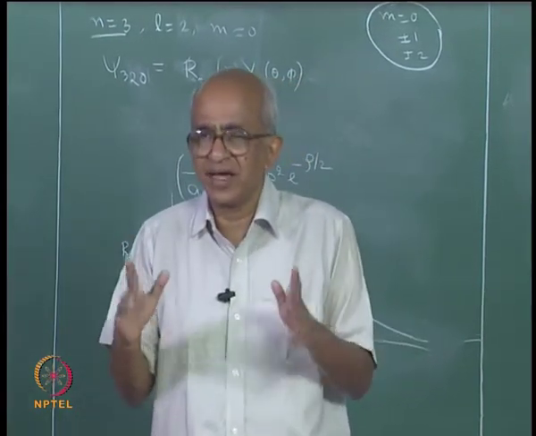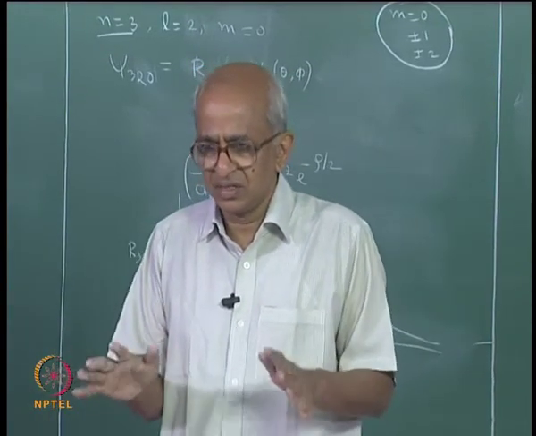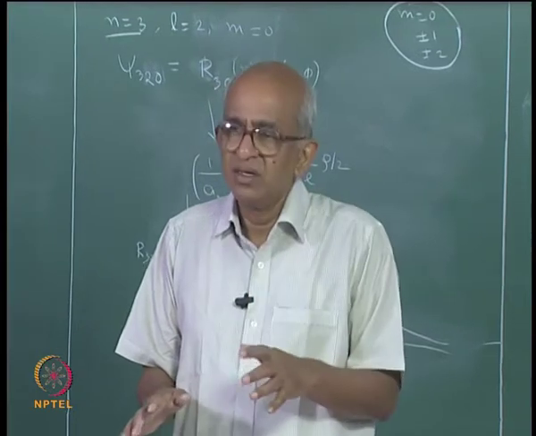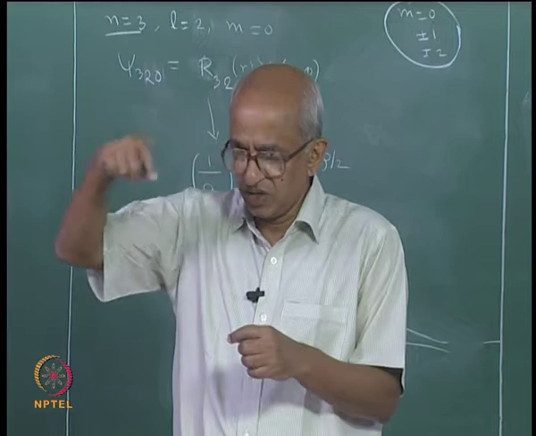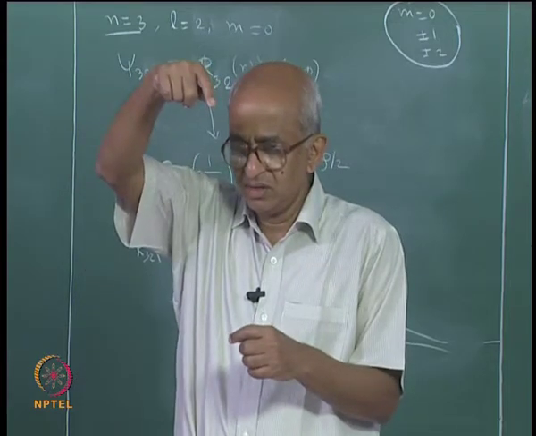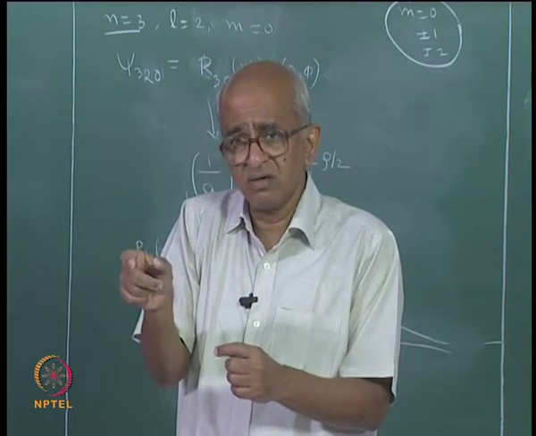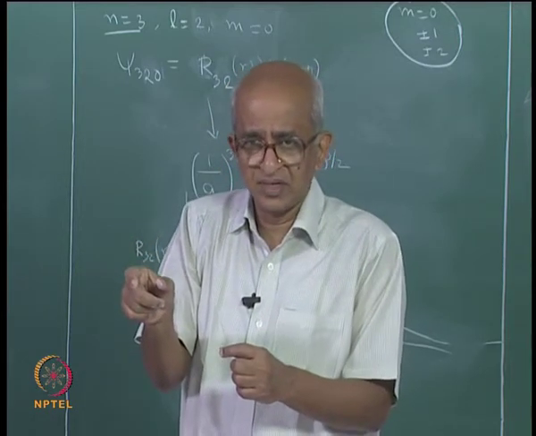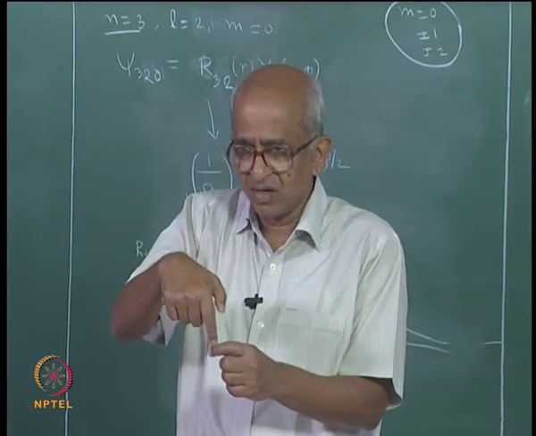Therefore, if I think of the total wave function, the total wave function has two nodal surfaces. They are surfaces, the two nodes. Where are they? One is along the surface of a cone such that the interior angle within the cone is equal to 54.73 degrees, and the vertex of the cone is pointing down.